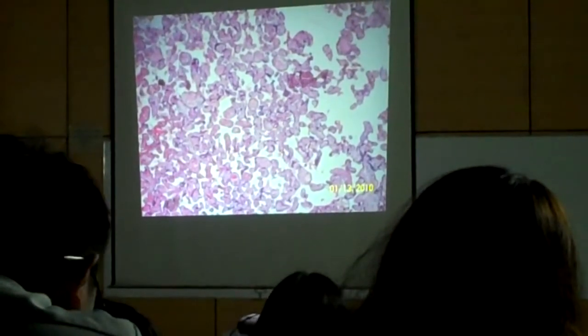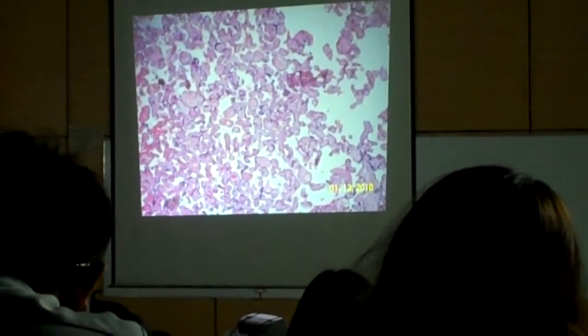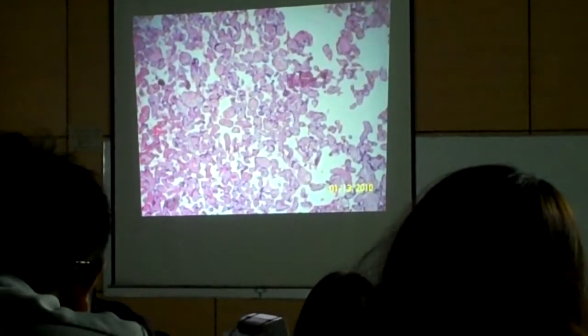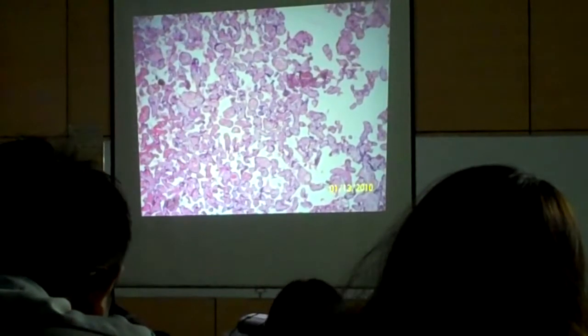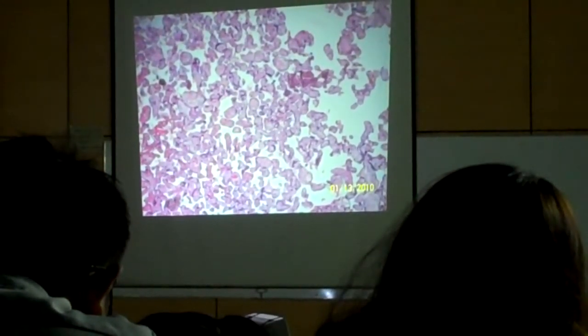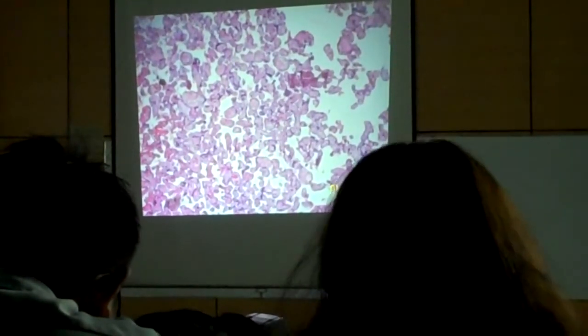Okay, identify the organ. There, you have irregular structures here containing blood, and between these spaces there is also blood. So this organ is the, it is not always present.